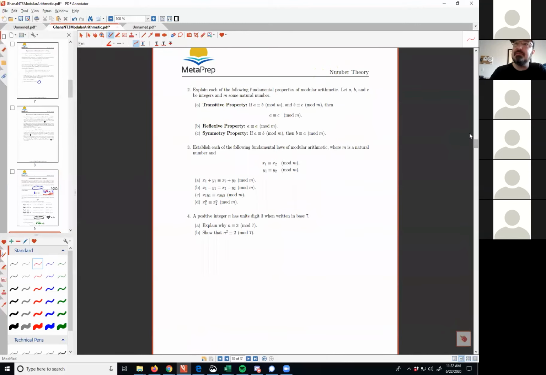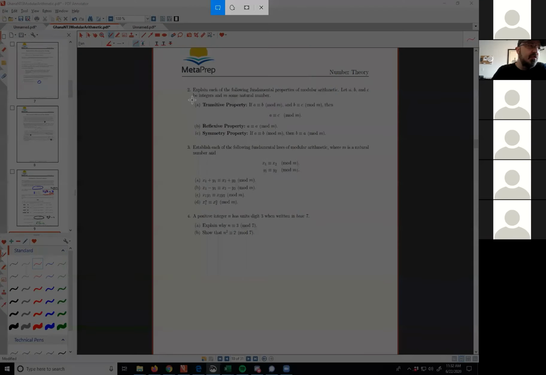So now let's talk about some properties of equivalence. Equivalence is transitive. If A is congruent to B modulo M, and B is congruent to C modulo M, then A is congruent to C modulo M. Do you believe it? Is this a true statement?